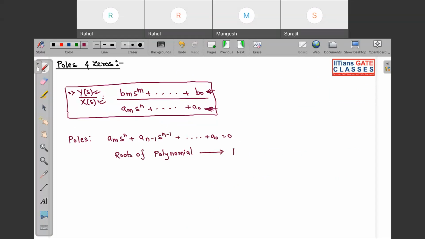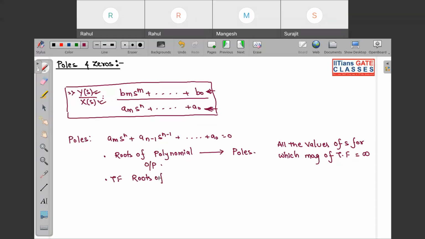That is known as your poles. So poles are all those values of s for which the magnitude of the transfer function is equal to infinite, or basically roots of the polynomial of your output, or in the transfer function, roots of the denominator. It is your poles.